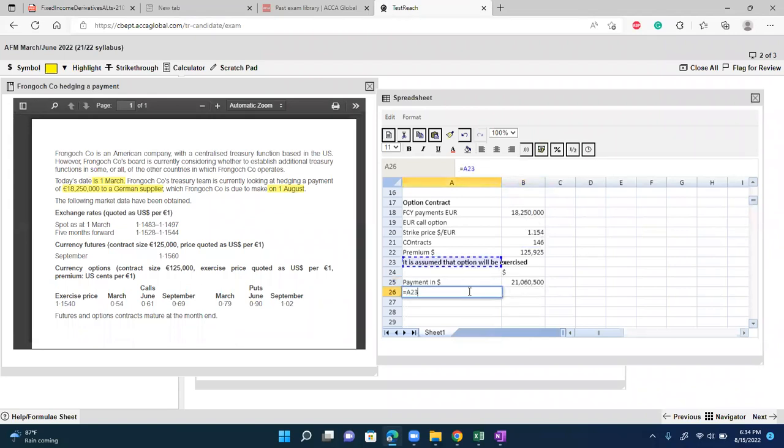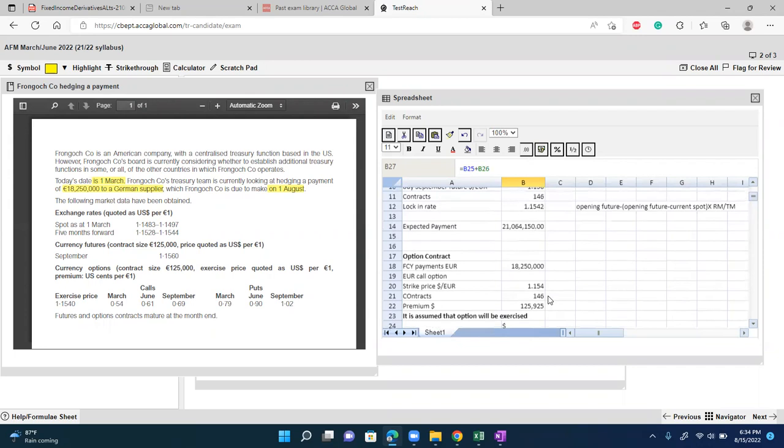You will also pay the premium. So the total payment will be $21.186 million.